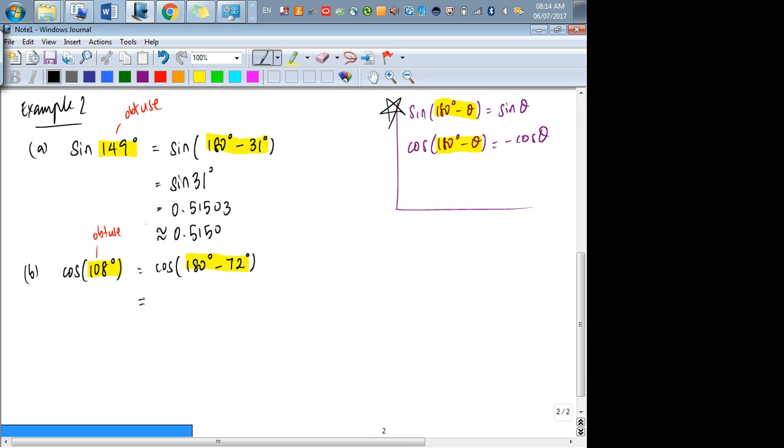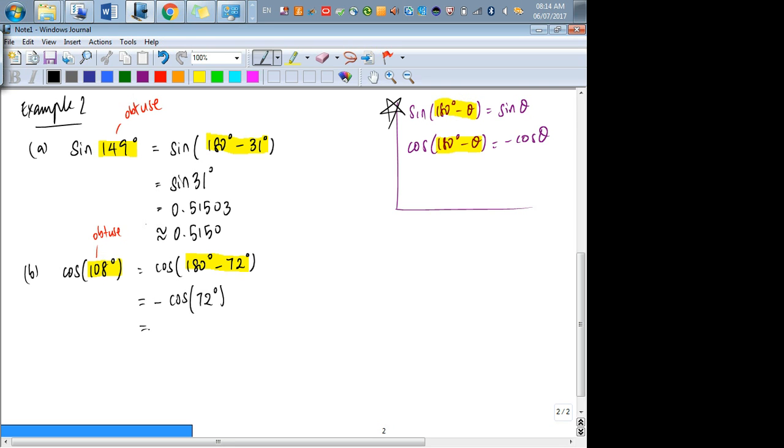So let's go. Next one. What should I write next? Negative first, then cosine. What is my value of theta? 180 minus theta, right? So minus cosine 72 degrees.